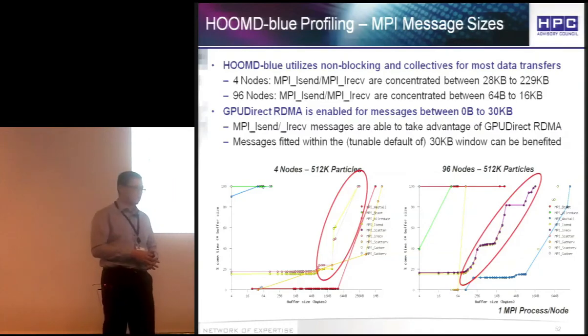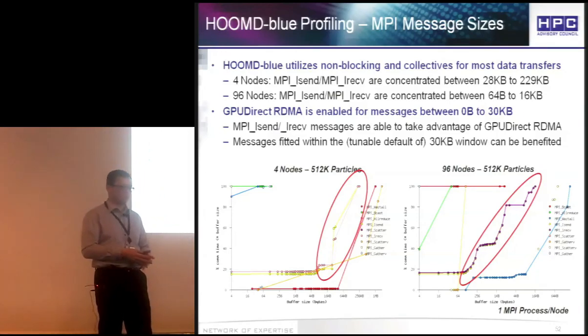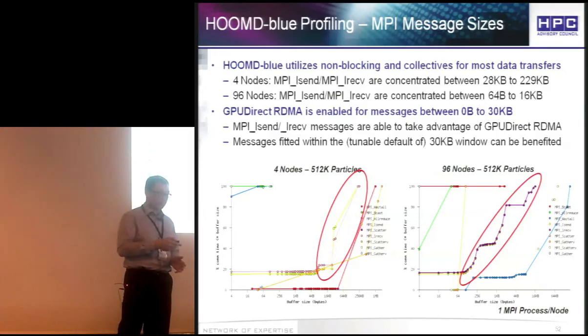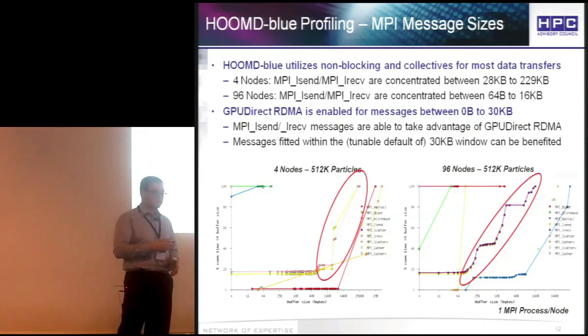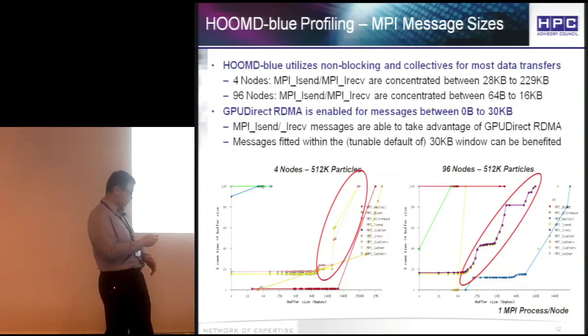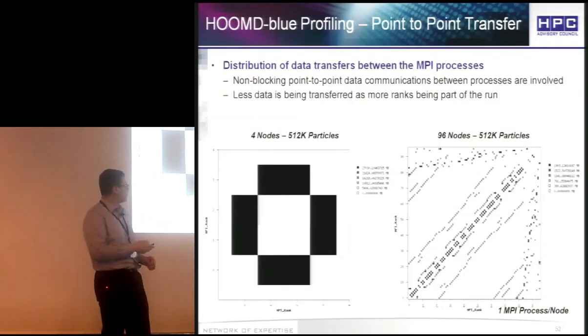So for GPUDirect RDMA, it's very important that you look for the API send and receive, I send and I receive, that will be able to take advantage of it. And for OpenMPI at least, you want to make sure that the 30 kilobyte messaging window needs to be adjusted by using profiling, as we can see from here. By adjusting this, you should be able to capture all the benefits of using GPUDirect RDMA.